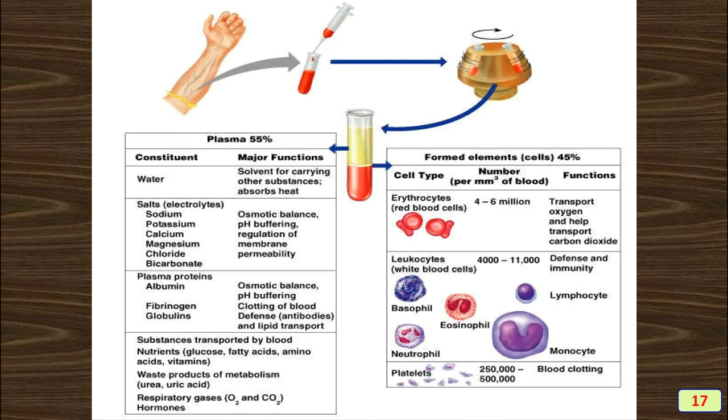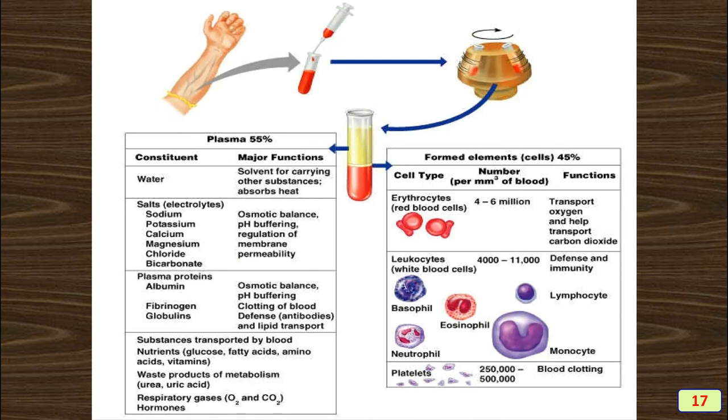Plasma proteins are albumins, globulins, and also fibrinogens. All of these are required for osmotic balance and pH buffering. Then the fibrinogens are required for clotting of the blood, then the self-defense mechanism and lipid transport.